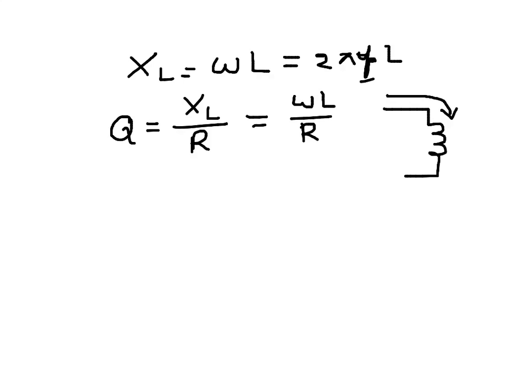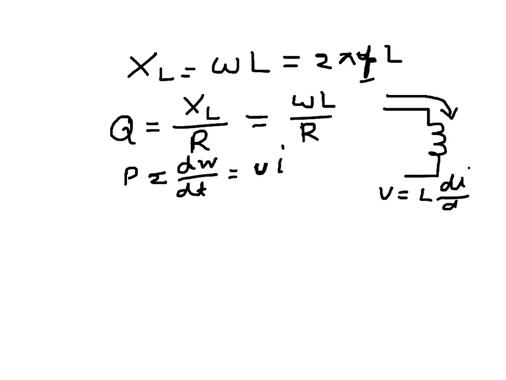If we say P is the power, we can define it as V times i of the inductance. Now V of the inductance is L di/dt.